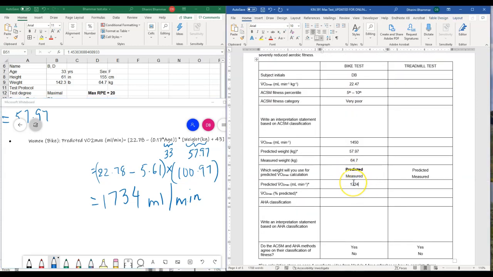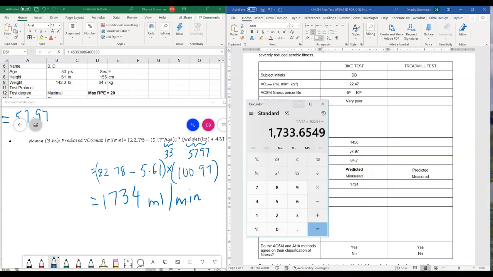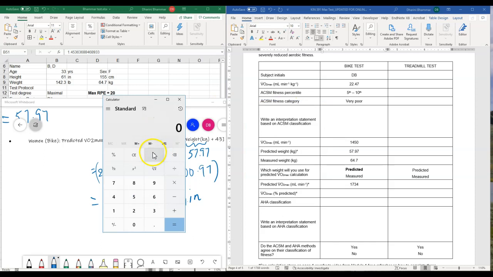And then percent predicted is the measured divided by predicted times 100. So let's do that. The measured was 1450 divided by predicted was 1734 multiplied by 100 is 83.6 or 84% predicted.